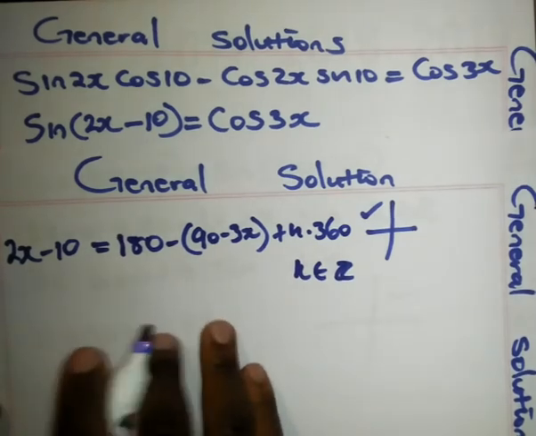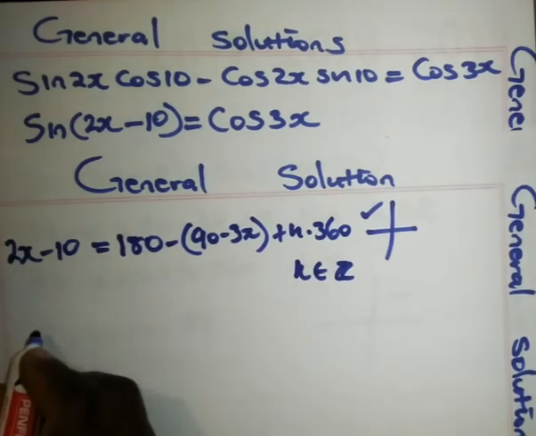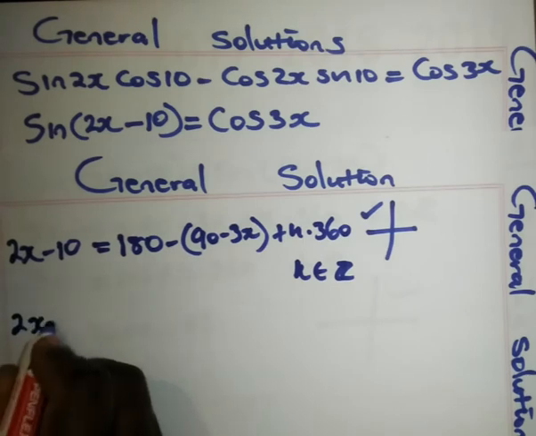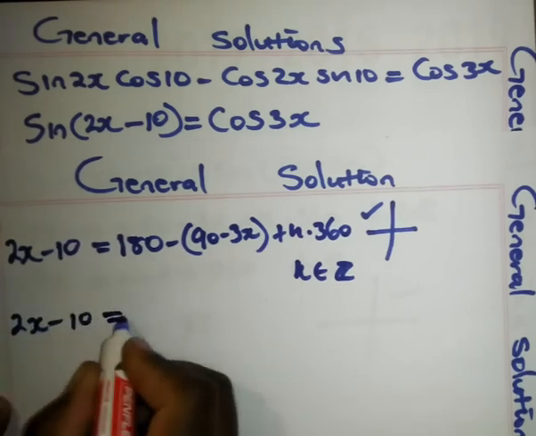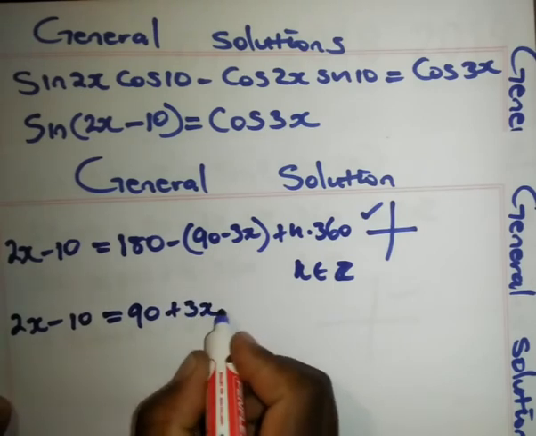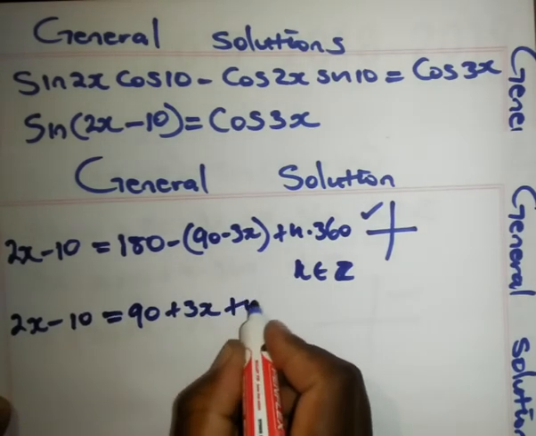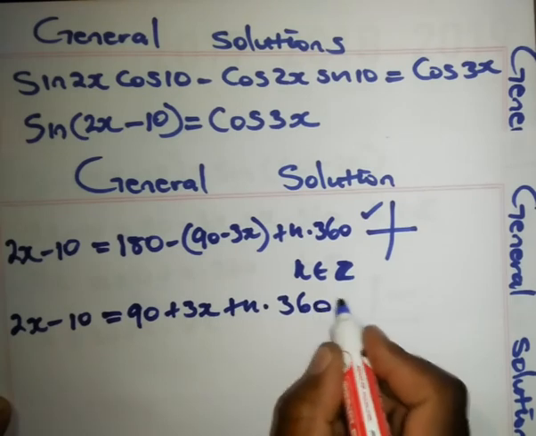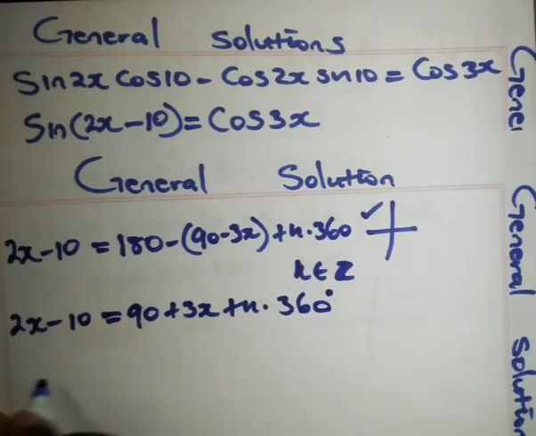Right, so we can try to simplify this. That will be 2x minus 10, and then that will be 90 plus 3x plus k times 360.